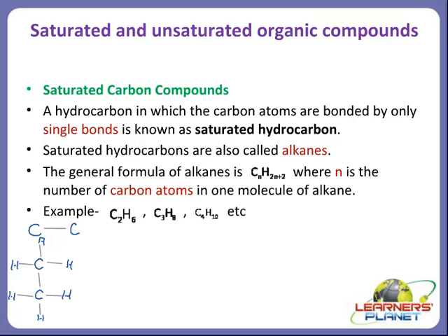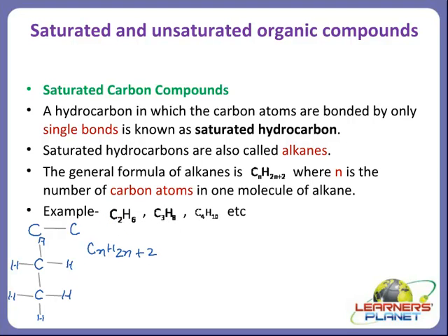Now what is the general formula of alkanes? CnH2n+2. What is n here? n is the number of carbon atoms. So in ethane, how many carbons are there? 1, 2. So what would be n? n would be 2.